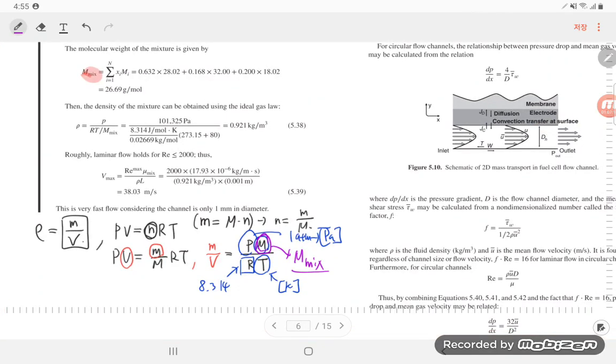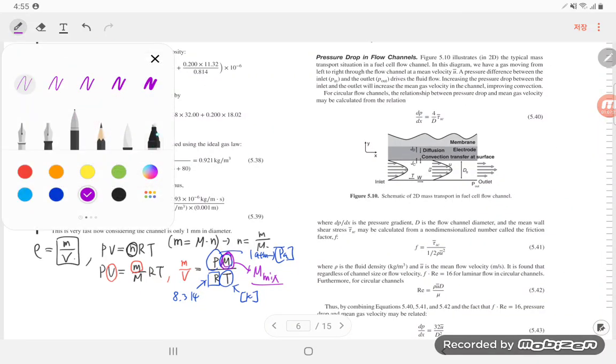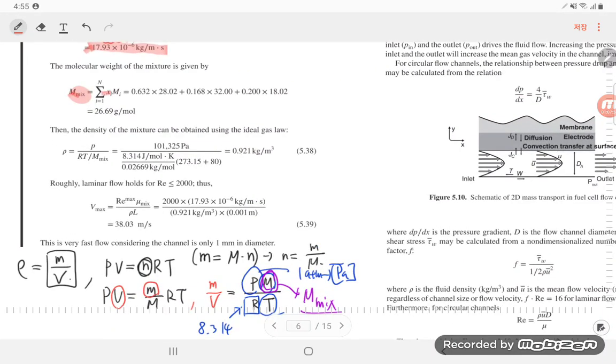Then there is a mole fraction of each species, right? So we already know about each mole fractions, xi and Mi. Then we can get the molecular weight of this mixture.